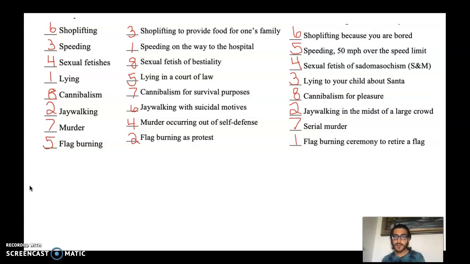And then the second and third groups provided very different context for each of these behaviors in multiple ways, right? So just looking at that, let's look at the first one I had up there, right? Shoplifting in the first group, I ranked it one of the most deviant behaviors out of all of them. But then in this next context, when it was shoplifting to provide food for one's family, I felt a little empathetic.